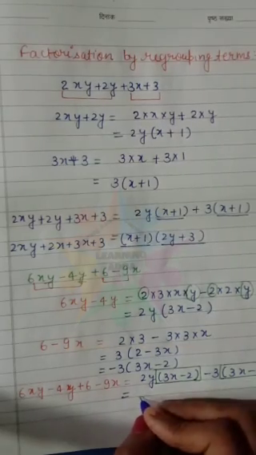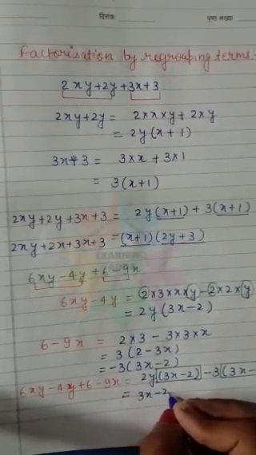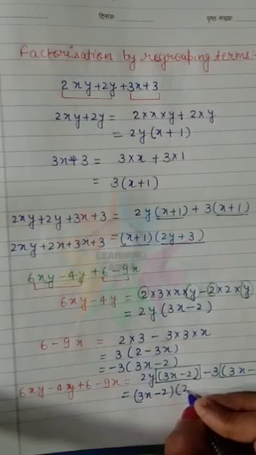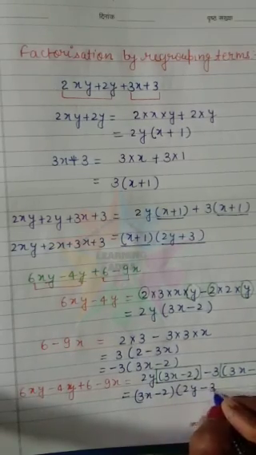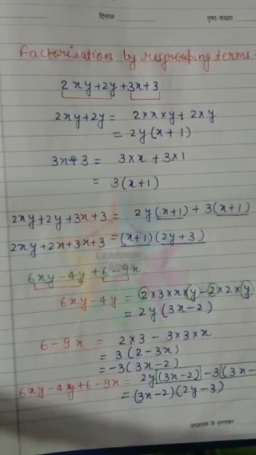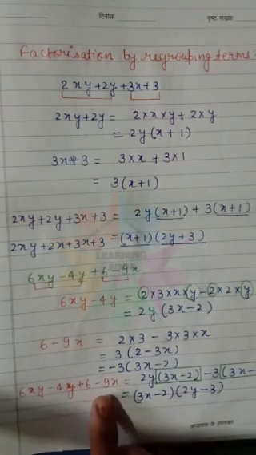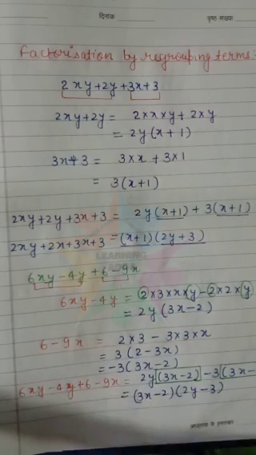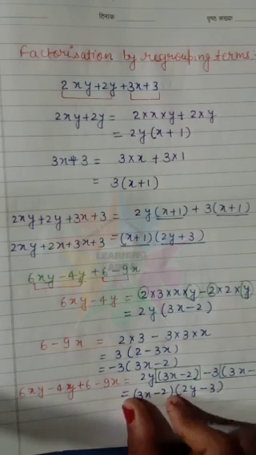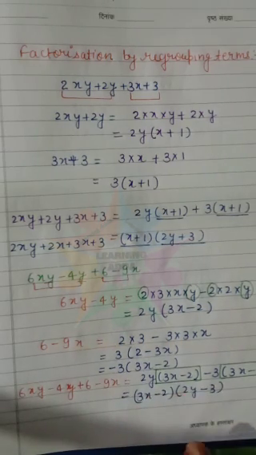So we take common 3x minus 2, then we get 2y minus 3. So the factors of 6xy minus 4y plus 6 minus 9x are 3x minus 2 and 2y minus 3.